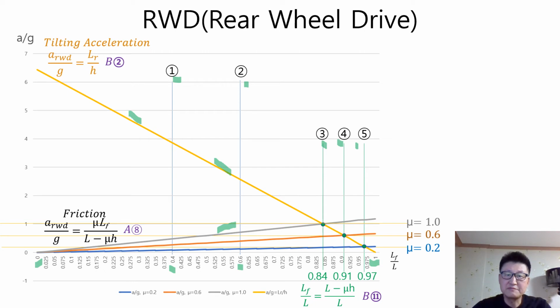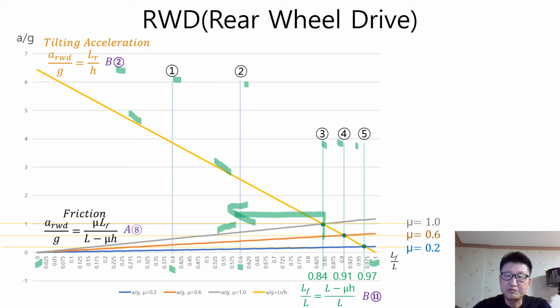In the case of friction coefficient 1, maximum acceleration can be obtained by equation A8 when the ratio of L sub F to L is less than 0.84 in this area.